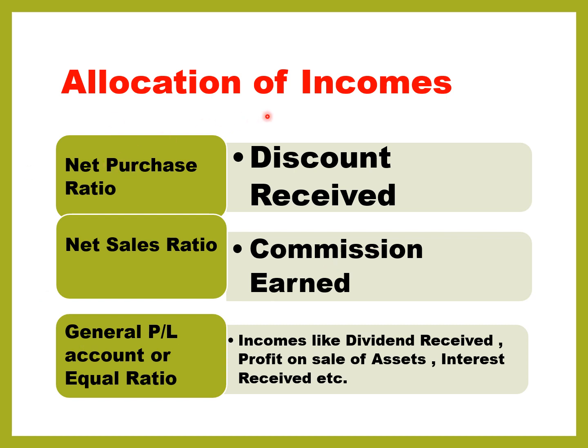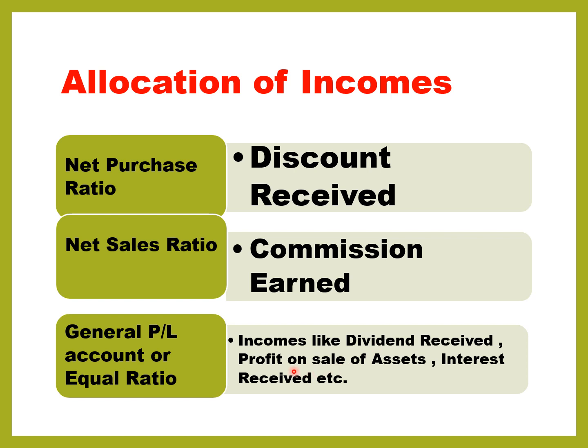Okay, students, now we are going to discuss allocation of incomes, called distribution of incomes. Discount received to be distributed on the basis of net purchase ratio. Because you receive discount at the time of purchase, so discount received should be distributed on the basis of net purchase ratio. Commission earned should be distributed on the basis of net sales ratio.